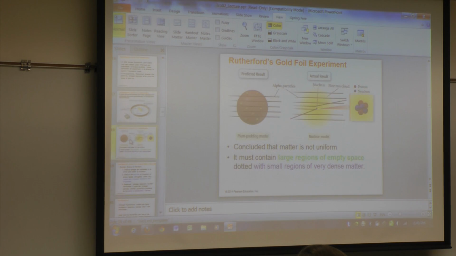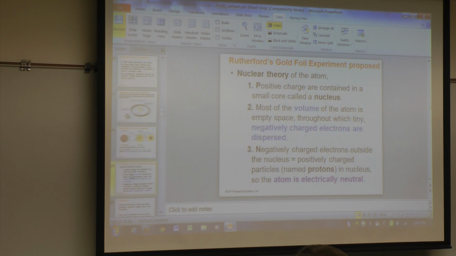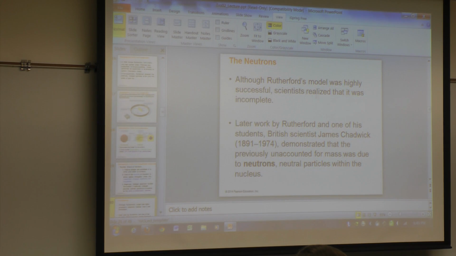So in other words, we no longer have this model where we have a big nucleus with electrons stuck in like plums or raisins, but in fact we have protons and neutrons inside the nucleus, and the electrons are orbiting around at very discrete energy levels. Then later on, they also found that there are in fact also neutrons inside the atom.